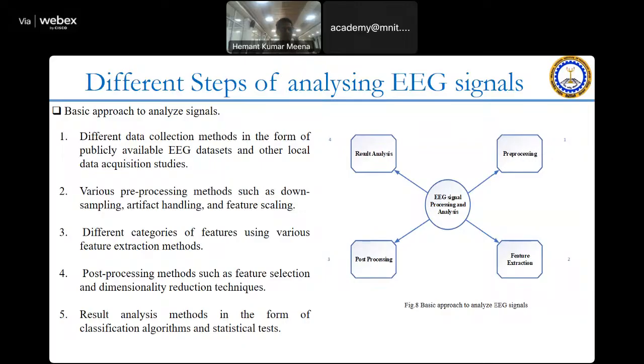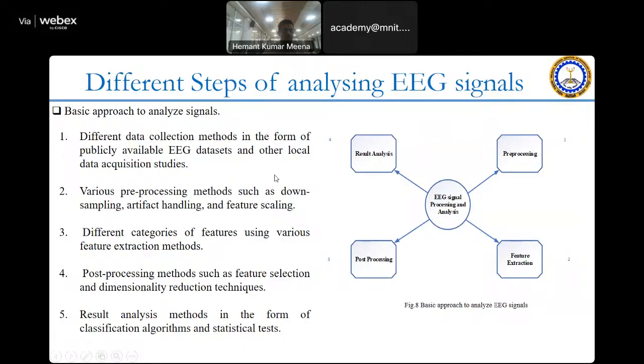Anyway, we come to the part here: different steps of analyzing EEG signals. What we are saying here is different data collection methods, in the form of publicly available EEG data sets and other local data acquisition studies. Whenever you want to start research, you find the neural response.